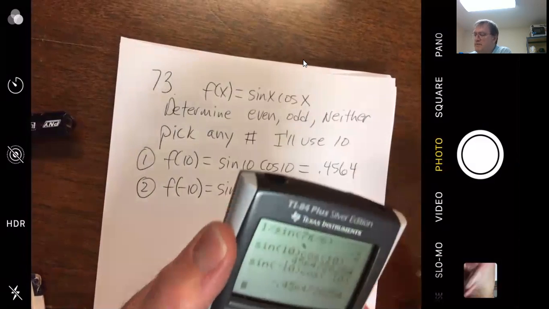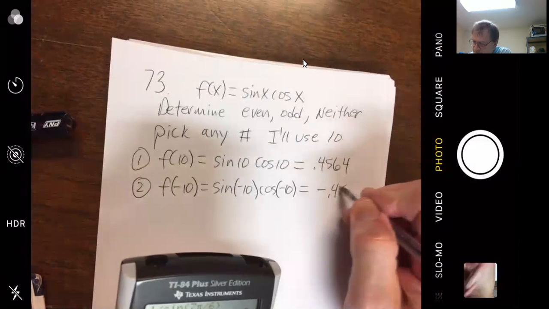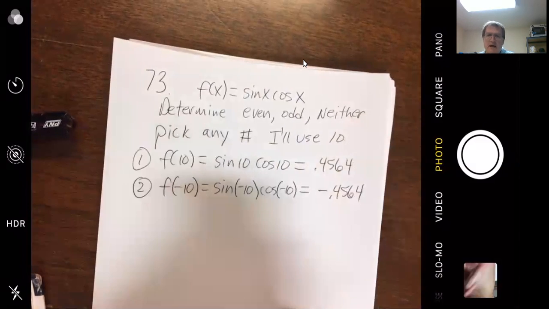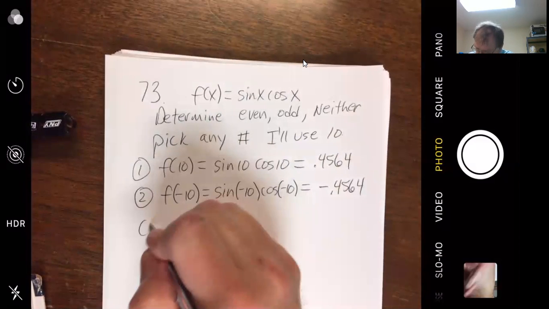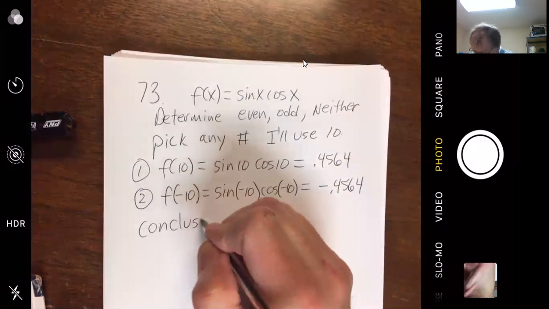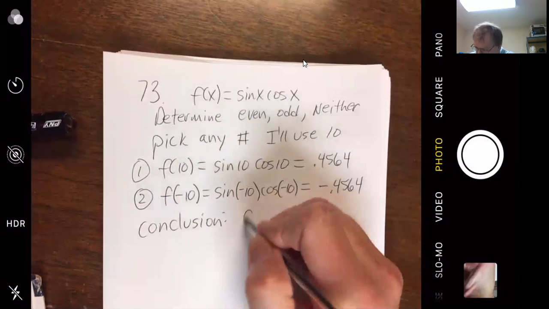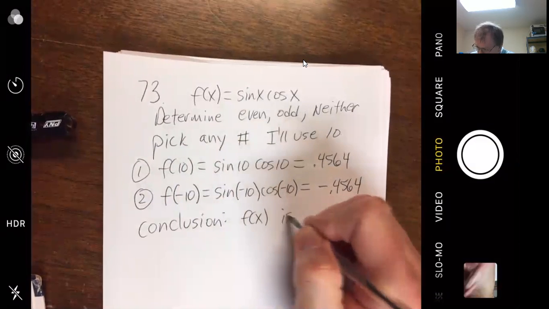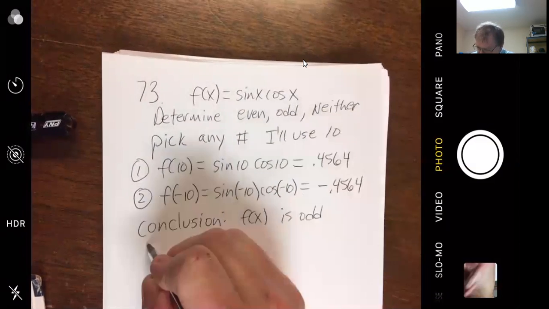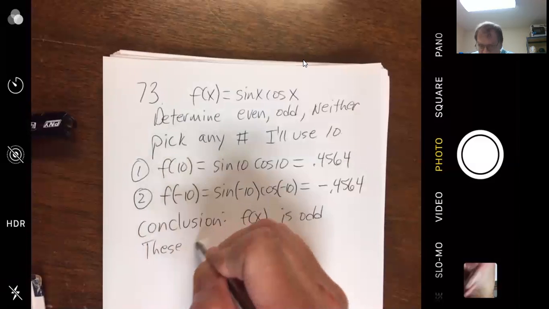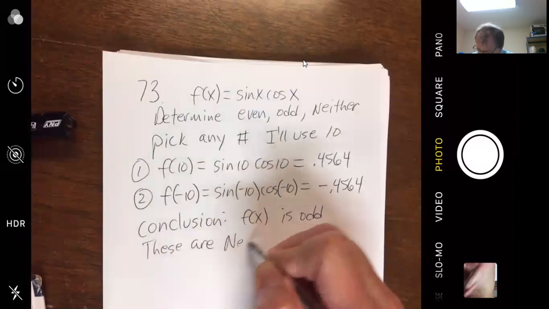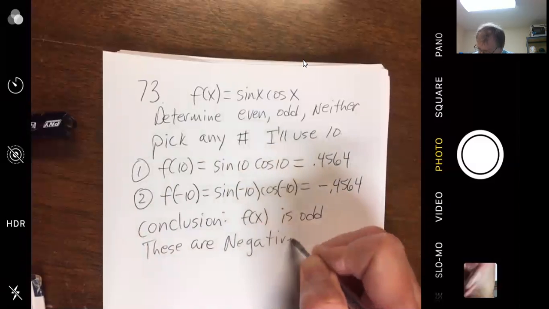And I get negative 0.4564. Conclusion, f of x is odd. These are negatives of each other.